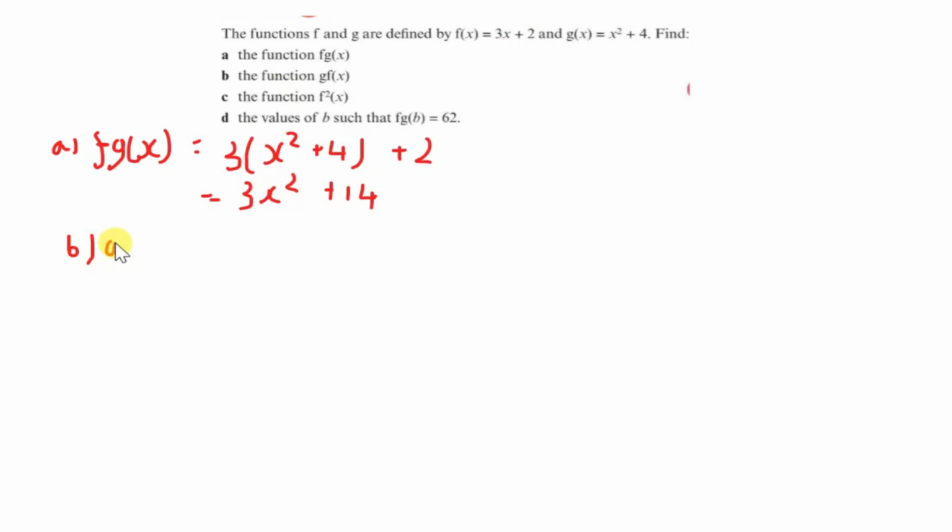So let's say gf of x equals 3x plus 2 squared, and then we just add the 4 at the end that was already there.